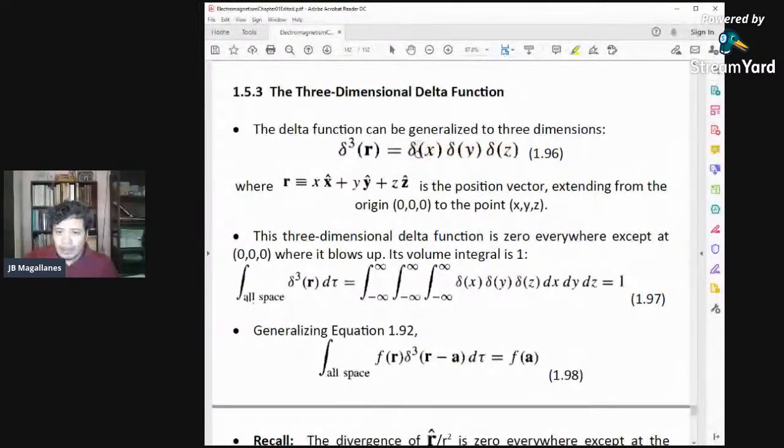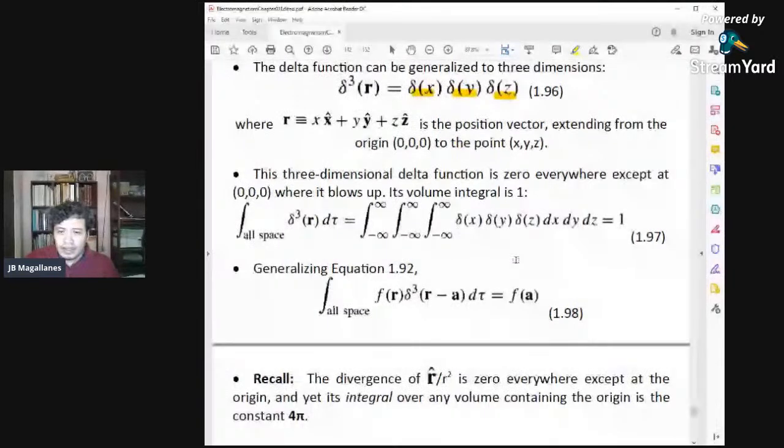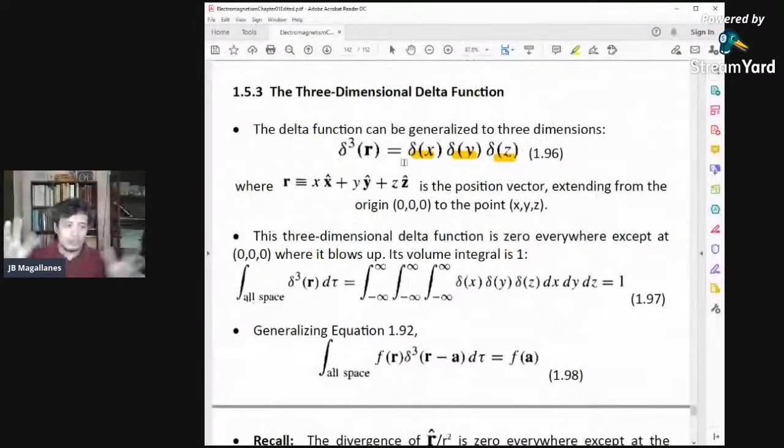All of these Dirac delta functions behave the same, but the arguments are of course different. We have a different argument here, here, and here. So that includes the 3 dimensions of the Cartesian coordinate system.